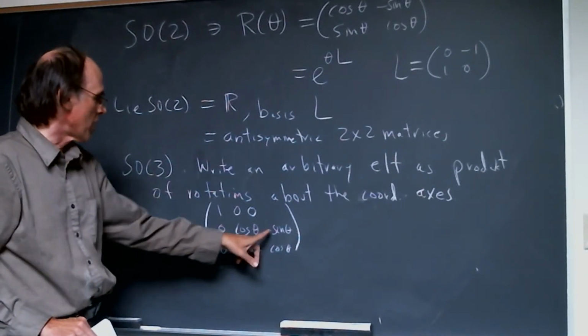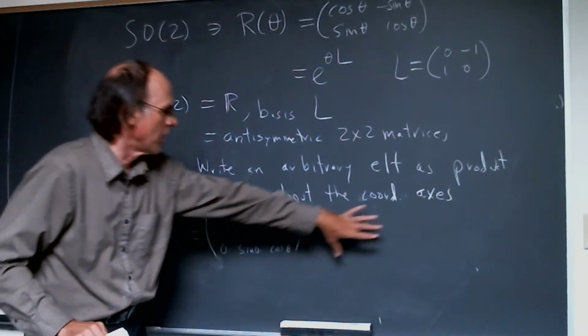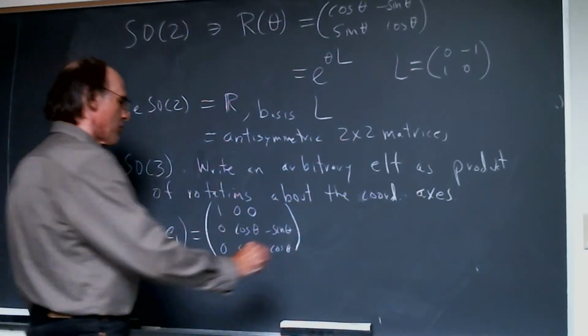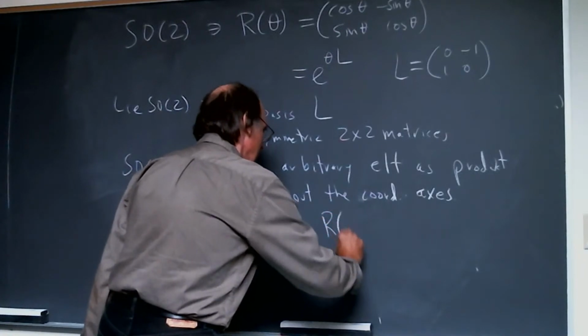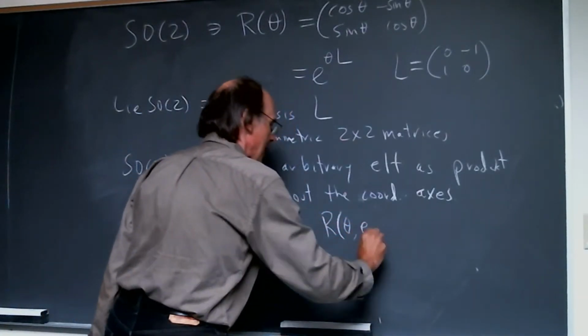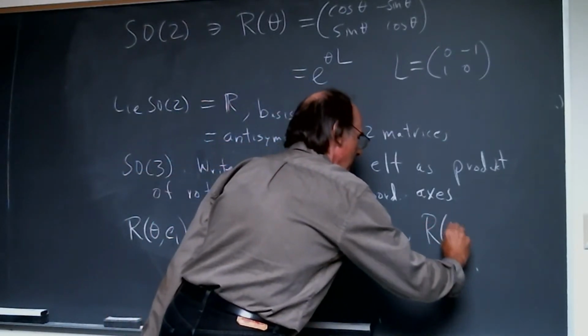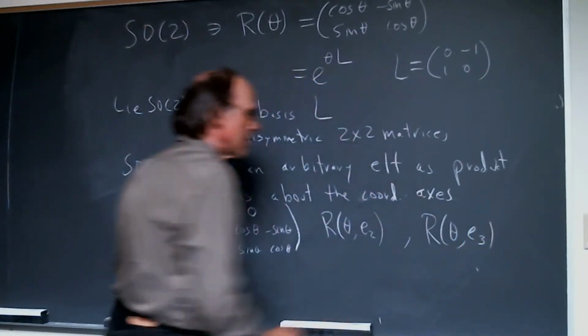The formulas are in the notes. I don't want to write these out, but you can see what happens if you try to rotate about the 2 axis, and what happens if you rotate about the 3 axis.